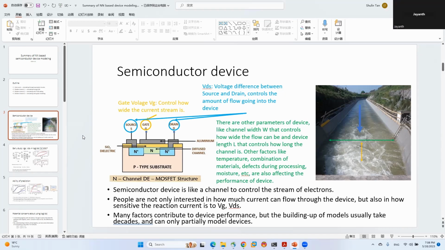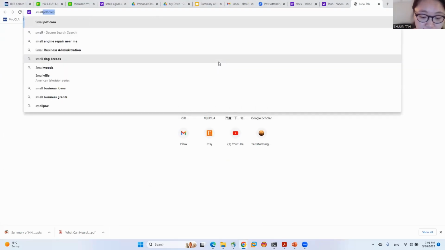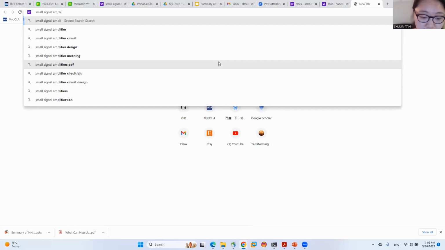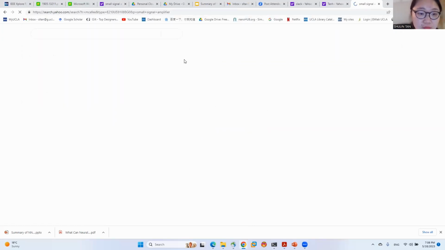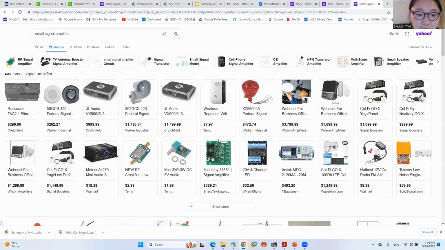I have a couple of questions. One is, how is this used? Once you predict the current, where is it applied? I can show a simple one.